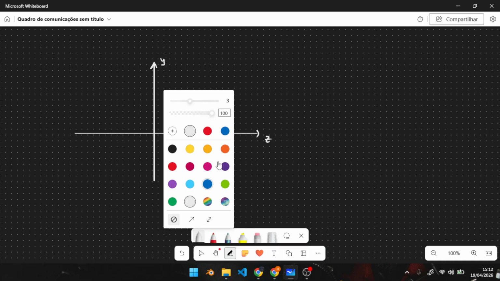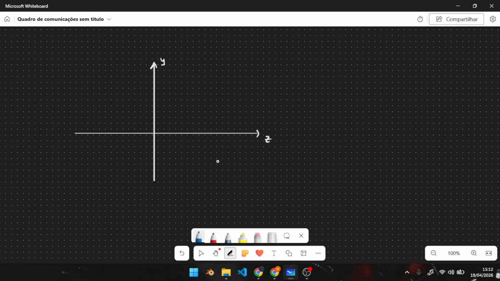What is it? Well, if we assume a graph here, and you assume a function like, let me take a blue. Let's assume a function like this, okay?